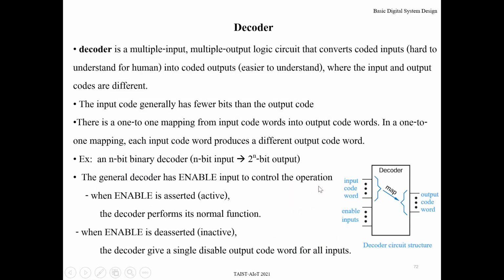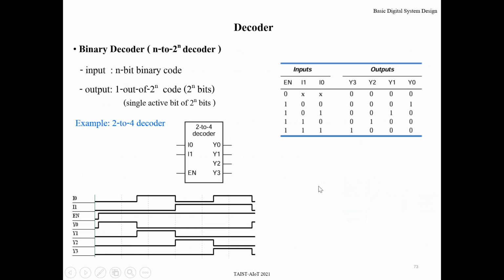The next one is the decoder. For example, if you want to decode a binary input to one out of n, one of n outputs.